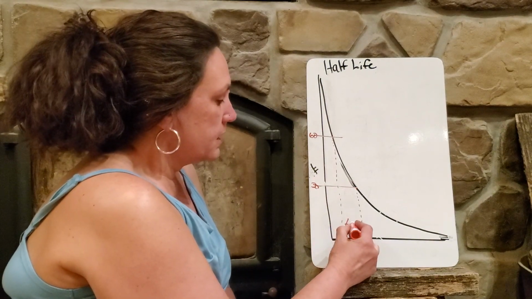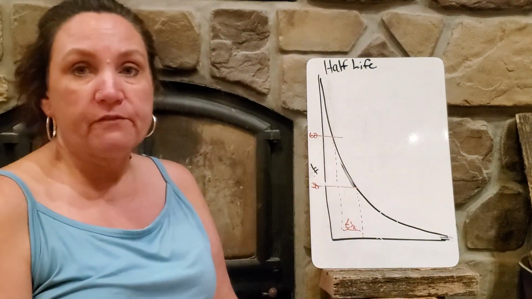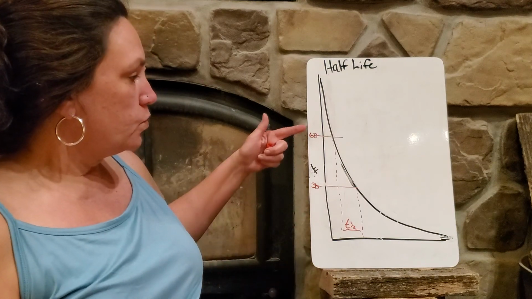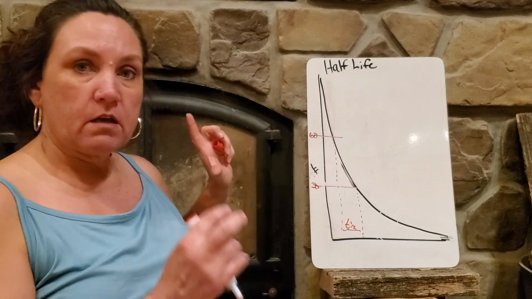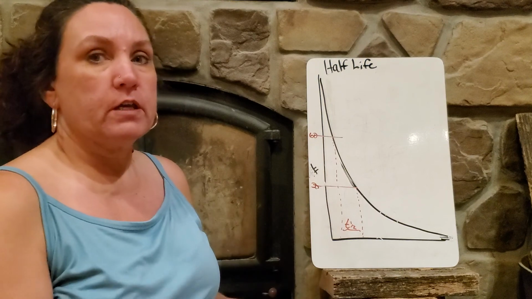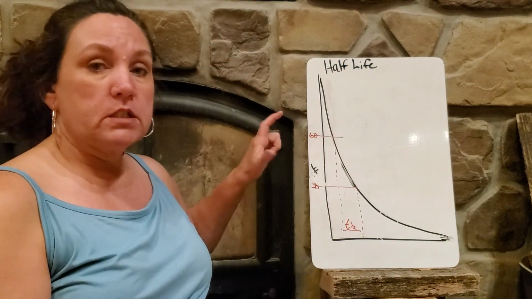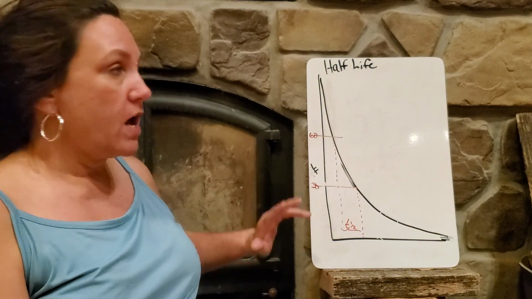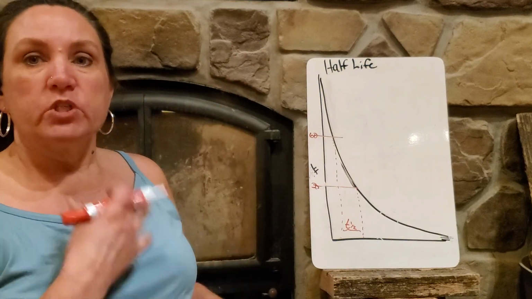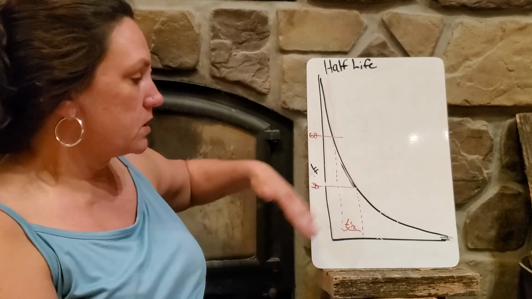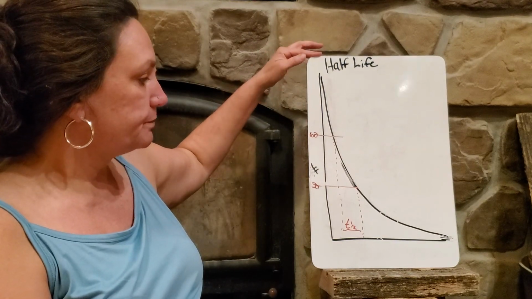So we would say T1/2, that means half-life time. So we could from our graph figure out a half-life from it. So we could do 60 and 30, 50 and 25, 150, whatever. And we should be able to look at our graph and be able to get a half-life.